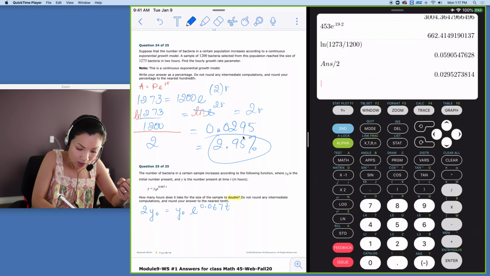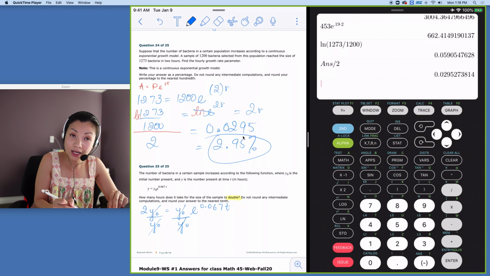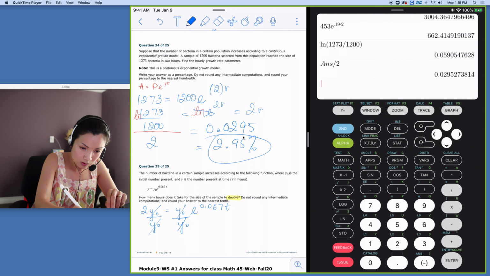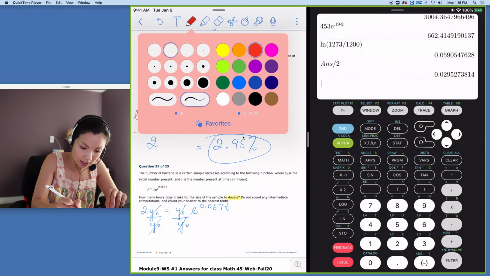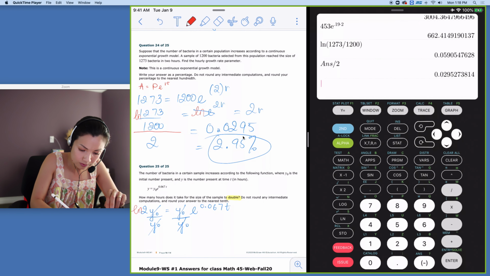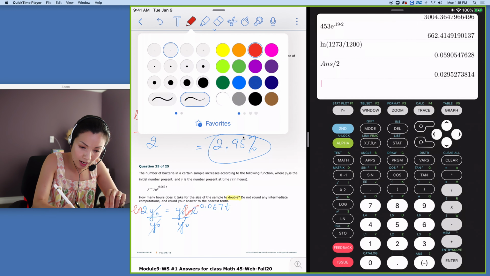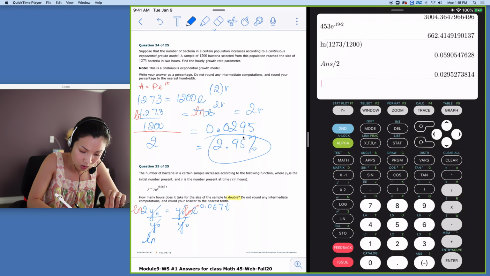Okay, so I can just divide. So what we have is 2. So we cancel it out, right? Now I can apply the ln one more time. So I can apply ln, and the e is going to cancel out. So I ended up with ln 2 equals 0.067 t.